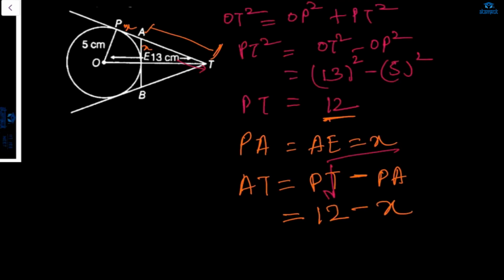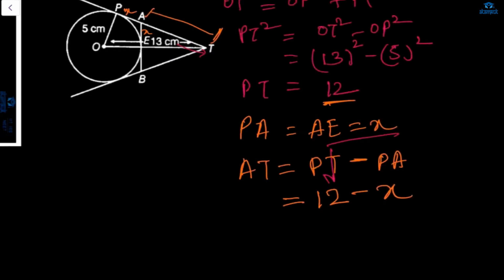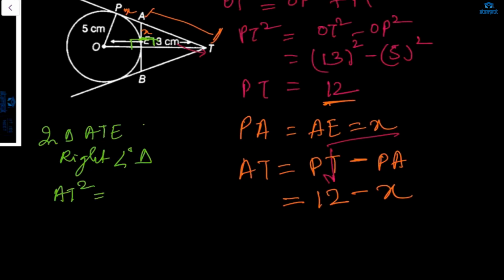We wanted the value of AE now. See here, this is a right angle triangle. This is a right angle because AB is a tangent. So here in triangle ATE, it is a right angle triangle. If we apply the Pythagoras theorem, AT square will be equal to ET square plus AE square.